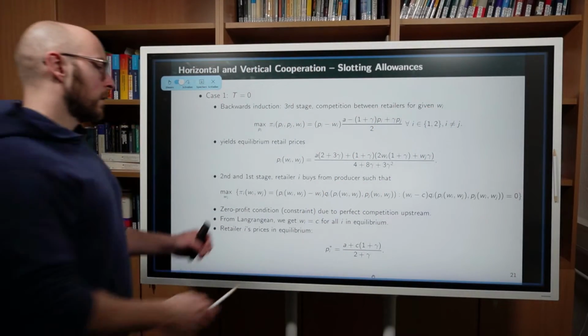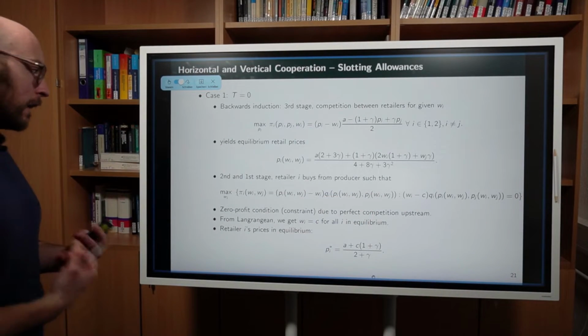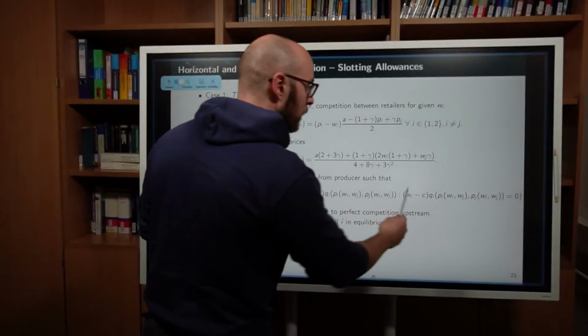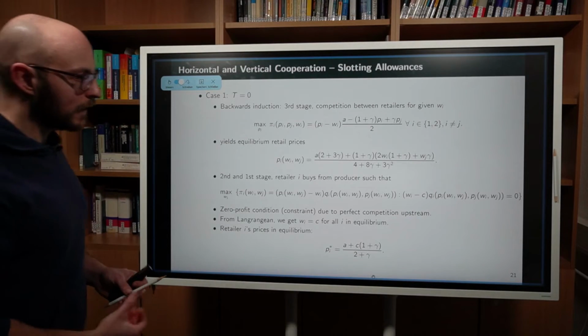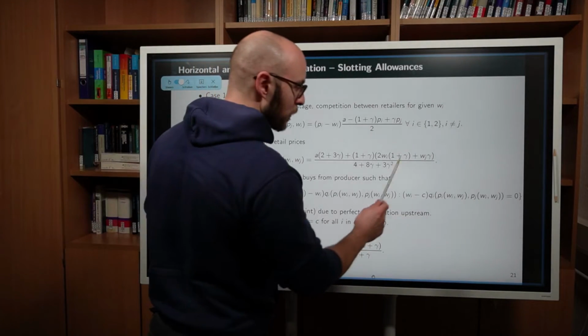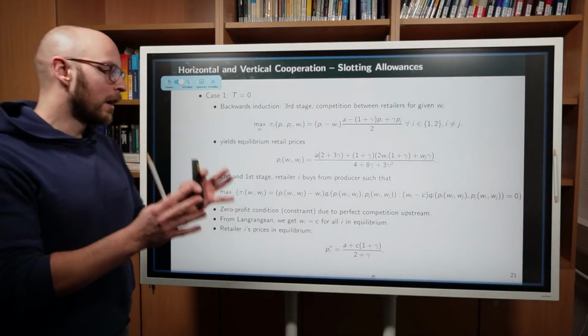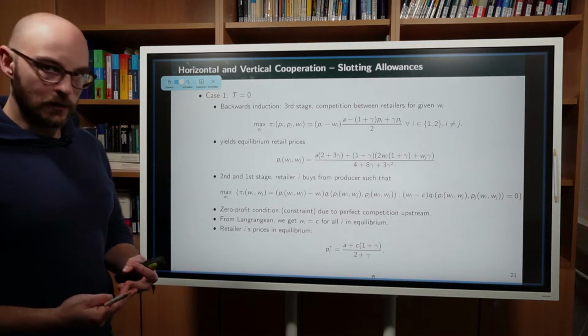So, here it's basically just the profit of firm i, and of course firm i wants to maximize this profit. The interesting thing now happens in the constraint here. The constraint is basically that the profit upstream is 0. Why is that? The upstream firms are in perfect competition, so in equilibrium, they will not make profits.